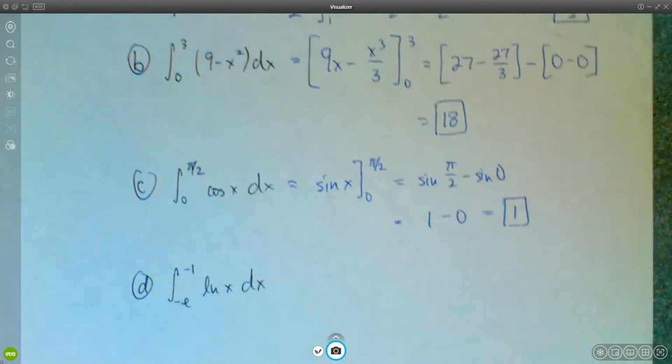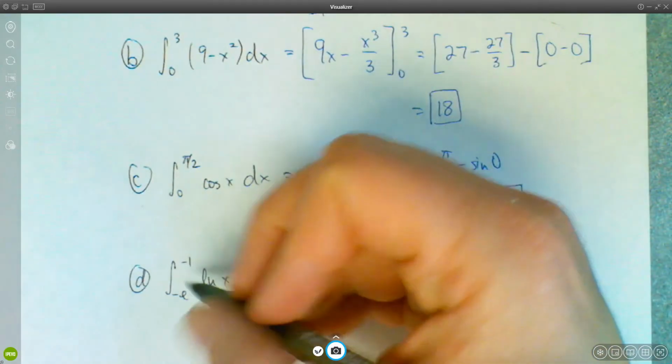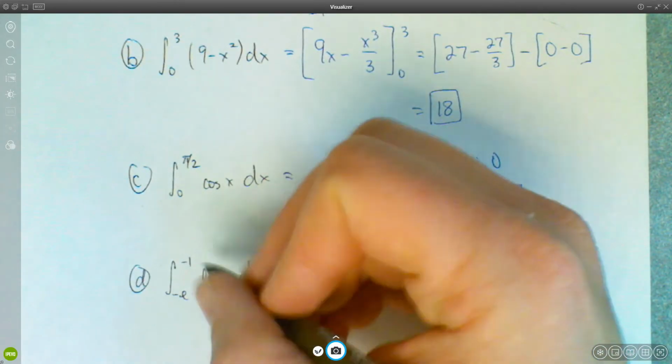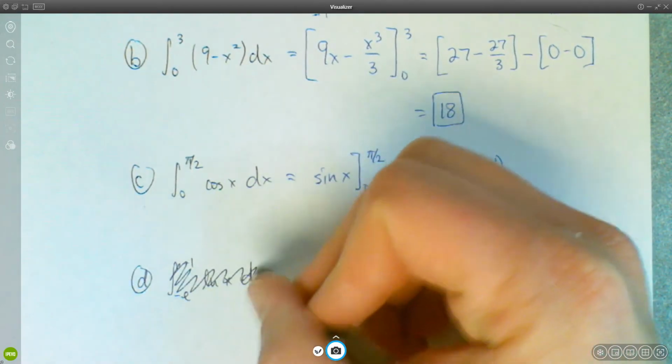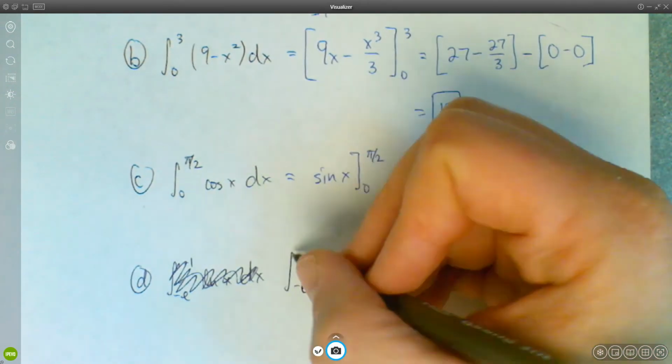Let's do this one. Antiderivative for ln of x. I think I didn't mean to do this. I think I meant to say that one I think is a little more challenging.